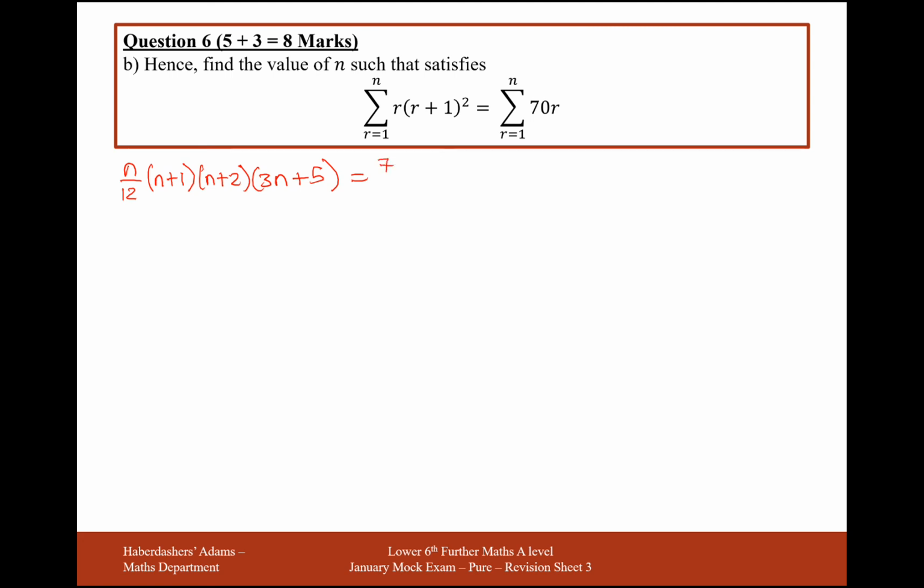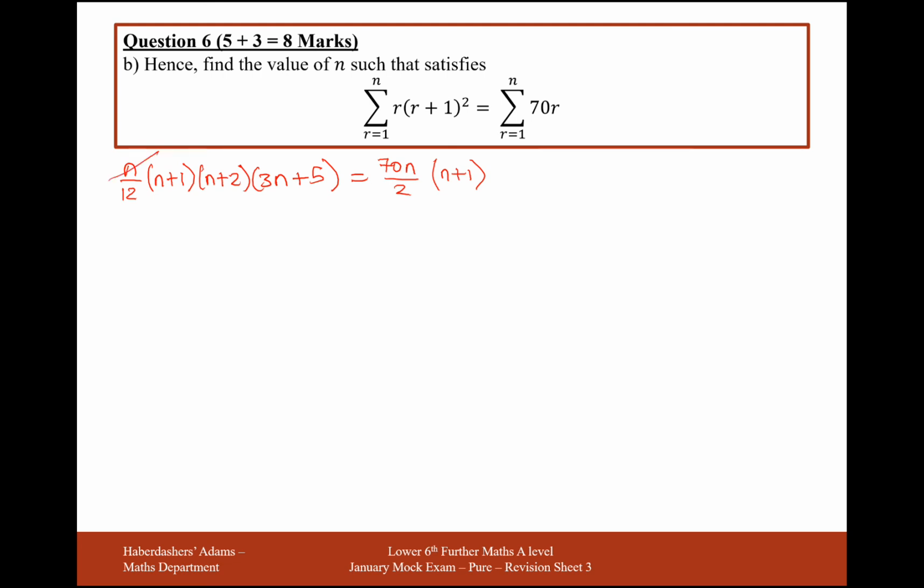So it's going to be 70 n over 2, n plus 1. So what I've done here is I've used the formula for the sum of r and just timesed that by 70. Okay, so now we have a formula here and we need to work out which value of n this formula is going to work for.